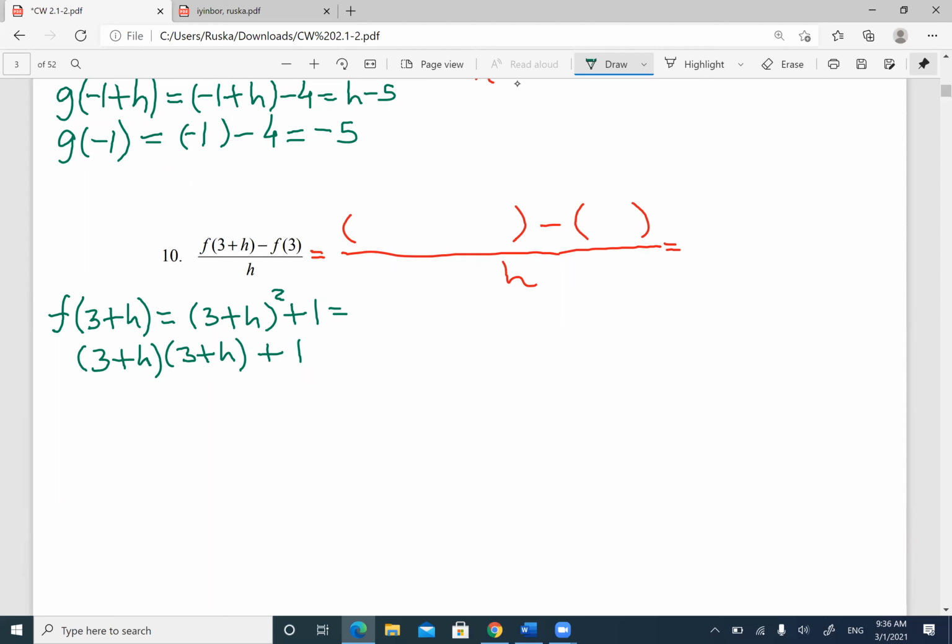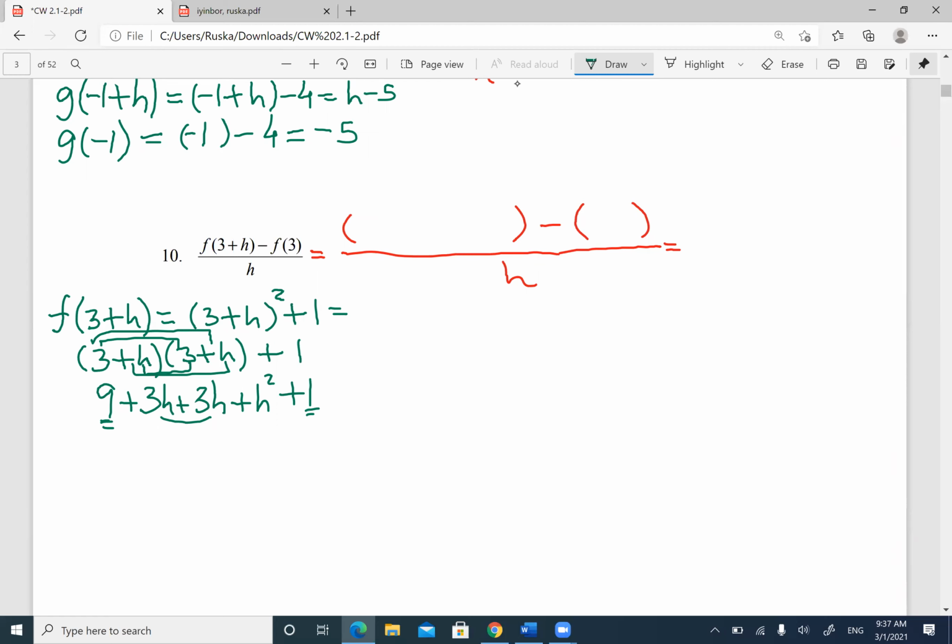So you have to FOIL. 3 times 3 is 9. 3 times h is what? 3h. And then 3 times h, another one. And h times h is h squared. And then plus 1. Then you're going to combine those two, h and h, and you're going to combine 9 plus 1.